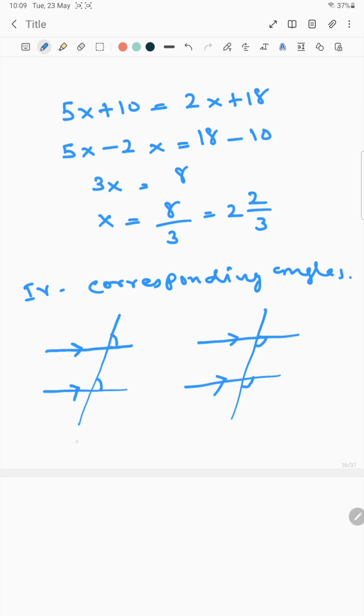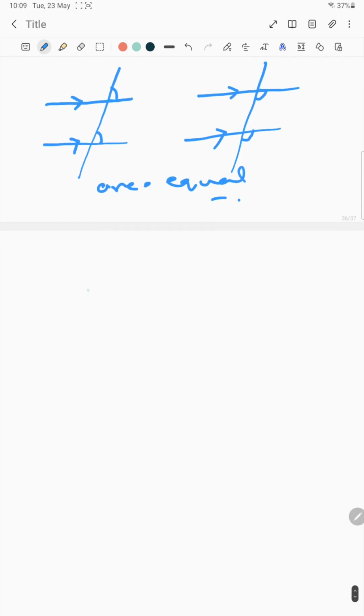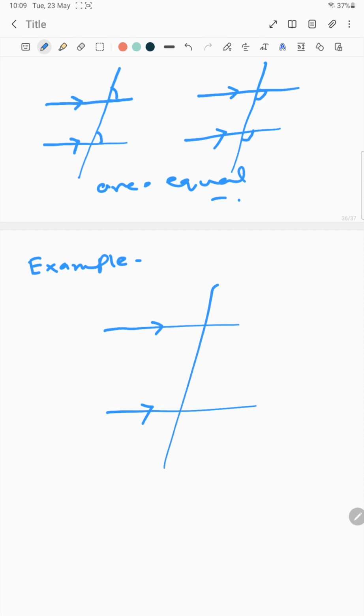Now let's take one example. Corresponding angles are equal to each other. If you have two parallel lines and a transversal, and over here we have 2D and over here we have 140, see, these are corresponding angles.